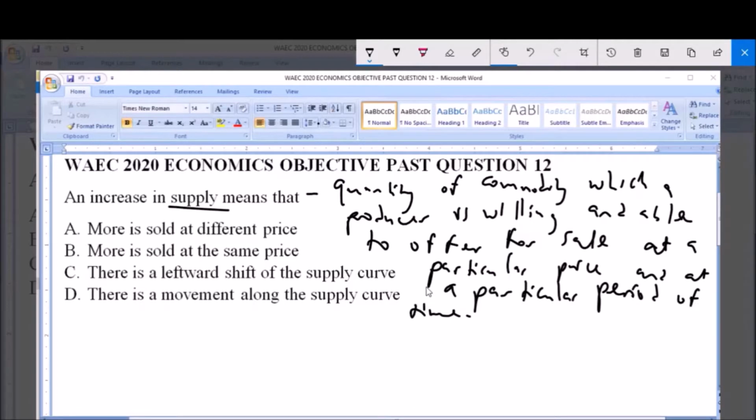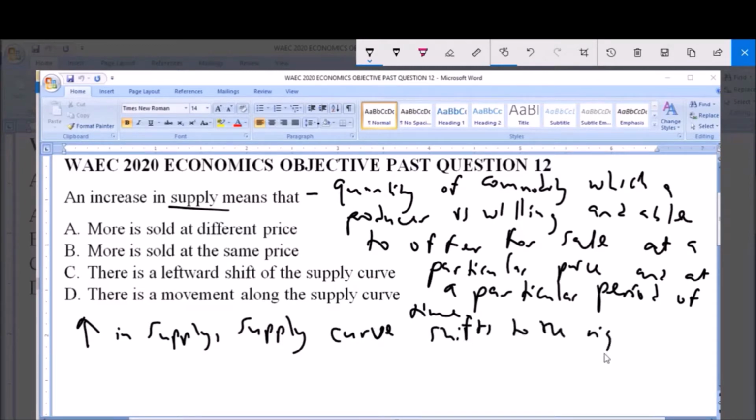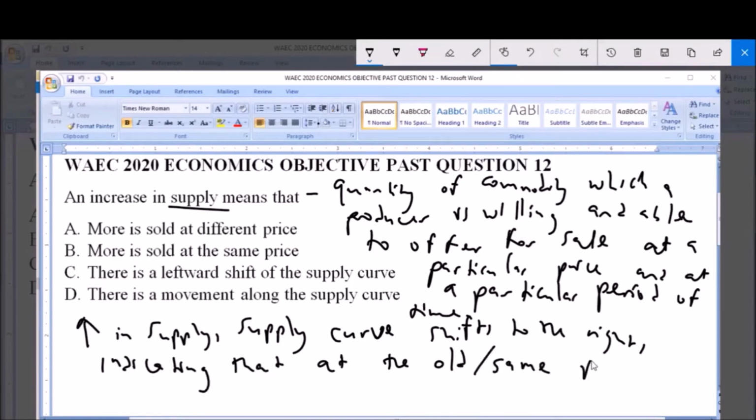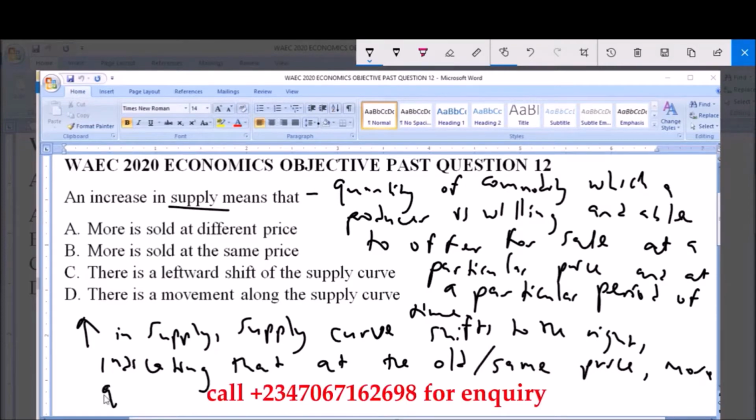Now, when there is an increase in supply, the supply curve shifts to the right, indicating that at the old or the same price, more of the goods is sold.